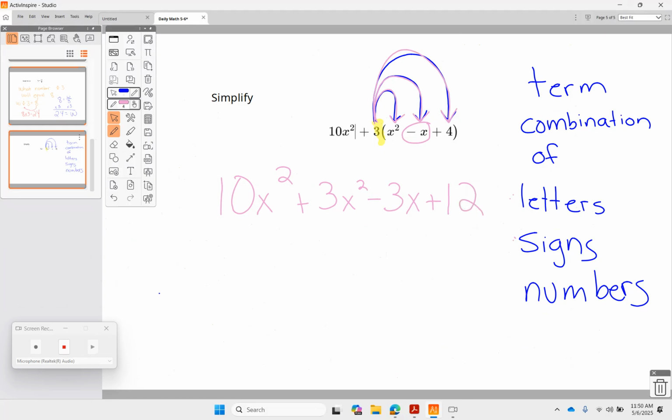Now let's look again at what terms we have. This is an x squared term because the letter is x squared. This is also an x squared term because the letter is x squared. This is just an x term. There is nothing squared.